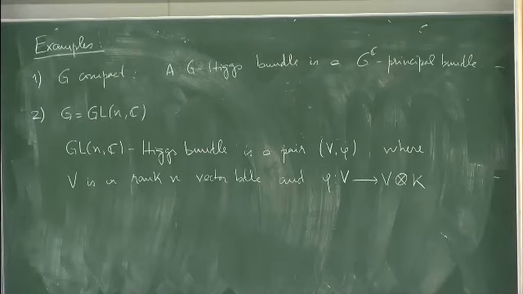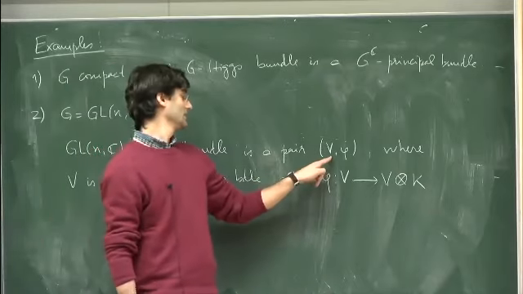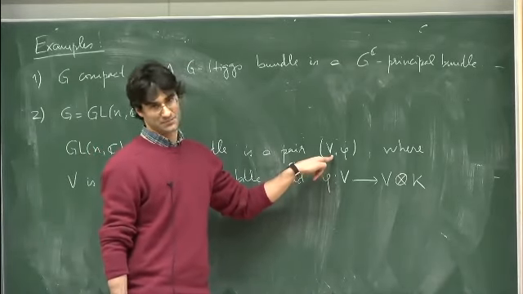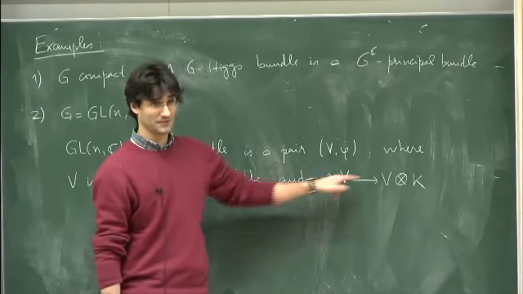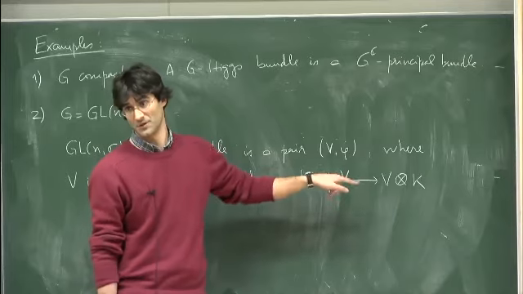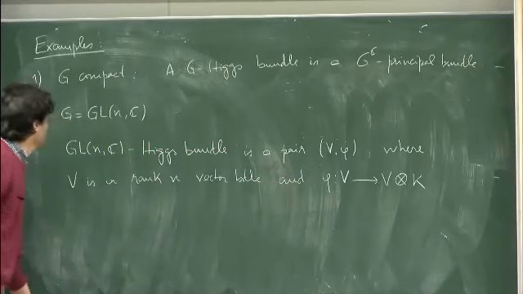For example, if one considers SL_n(C), then it's the same, but we impose that V has trivial determinant, and phi must have trace 0.